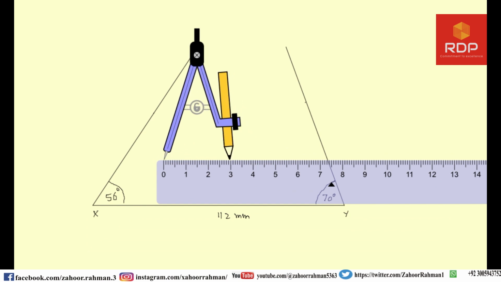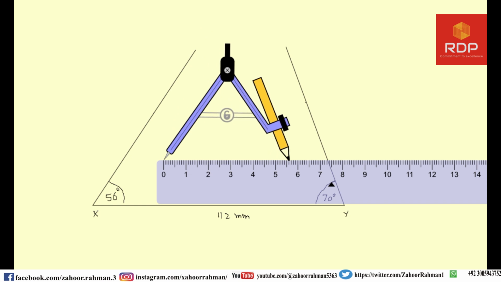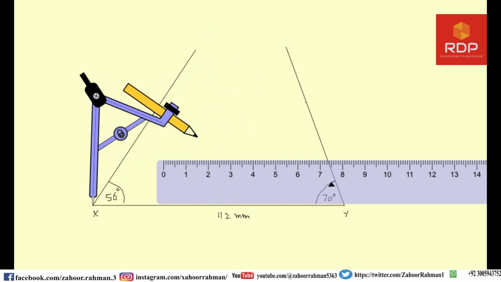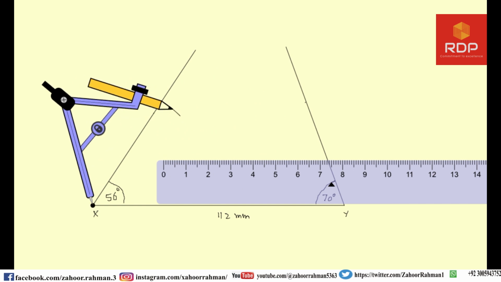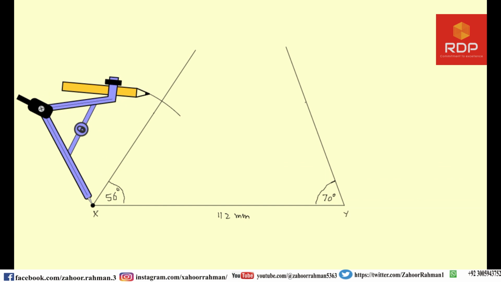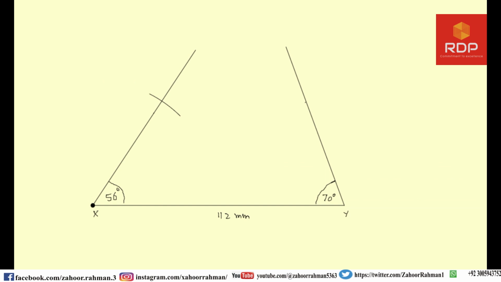So I will open it 5.6, which will be here, then lock it and then cut this one, 56, and I am labeling it 56 millimeter, although we drew it 5.6 centimeter, but you have to write this.